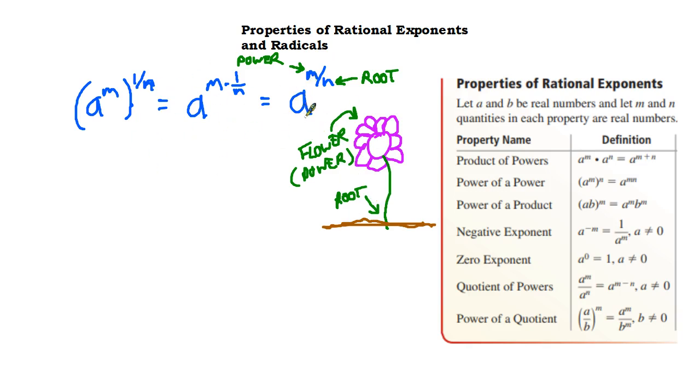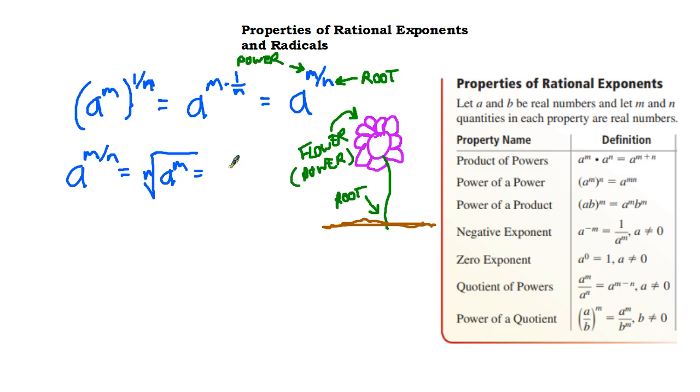So if we see a power where the exponent is a fraction, the top part's the power, the bottom part's the root. And so that means we can rewrite something like a to the m divided by n as the nth root of a to the m. We can rewrite it that way. And also, it turns out we have a choice.